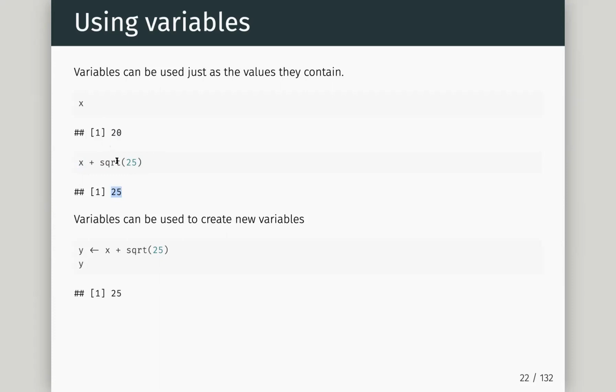Once we've assigned to these variables, we can use them in place of the actual values and in combinations. So we can use X, add this 5, and then assign that back to a new variable, which contains the result of adding X, whatever the value of X was, to the square root of 25. So we can use variables together to create new variables.